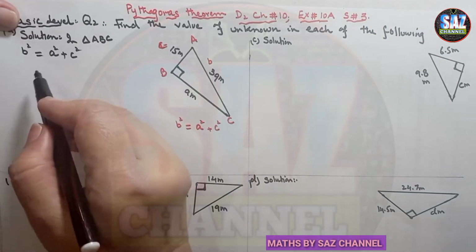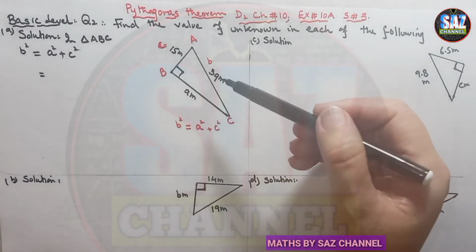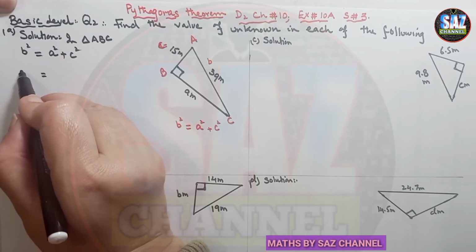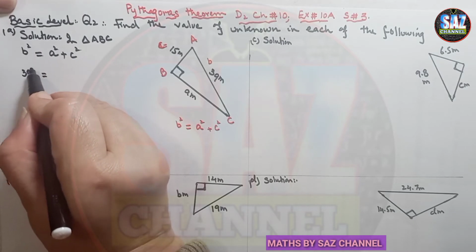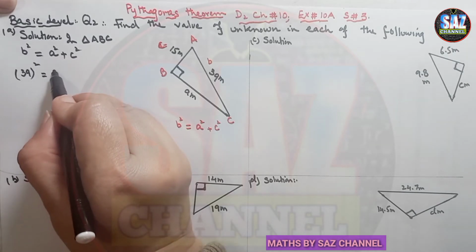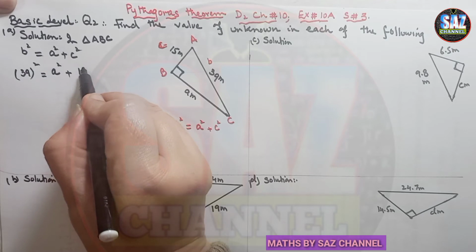Now we have to see that instead of B, we are given 39. 39 square will be equal to, we have to insert the values carefully, A is unknown, so it will come as it is, plus 15 square.